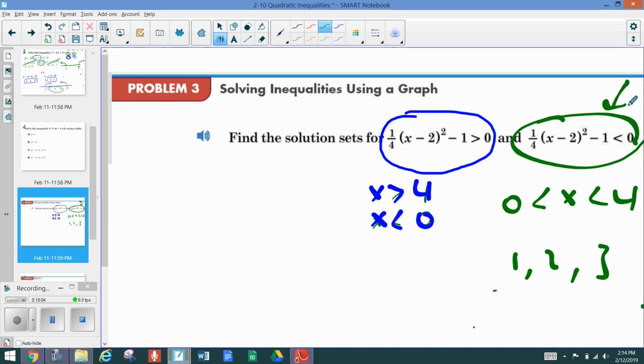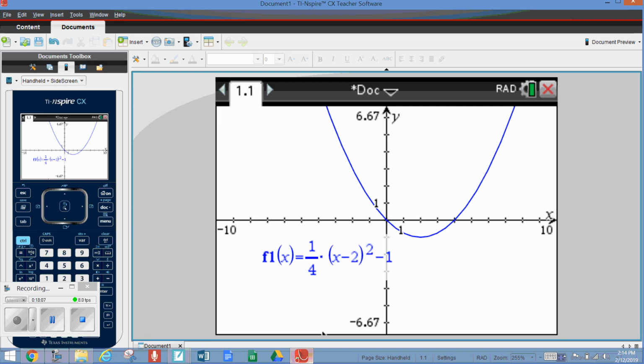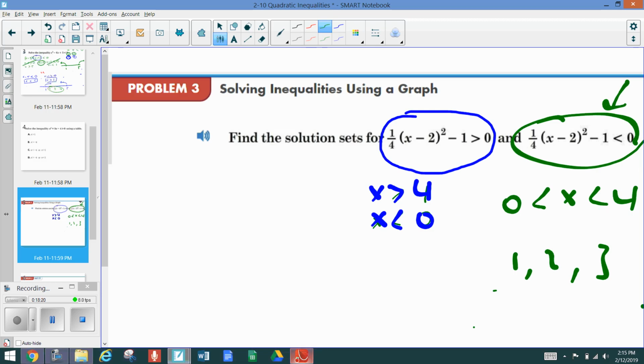And it's greater than these ones, 4, 5, 6, 7, which we call x is greater than 4. See? Positive. And then x is less than 0 is positive. So when you look at that, you will understand better. This is easier, right? Just because it's visual, you see better.